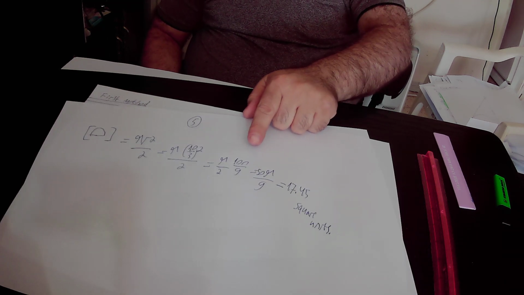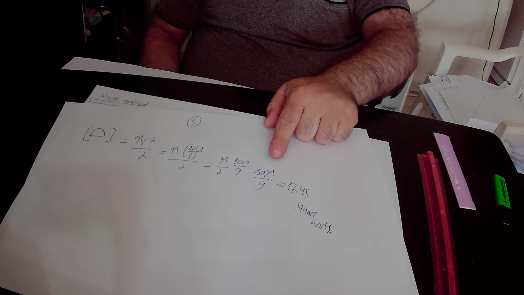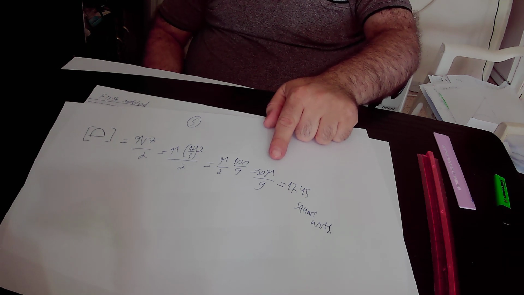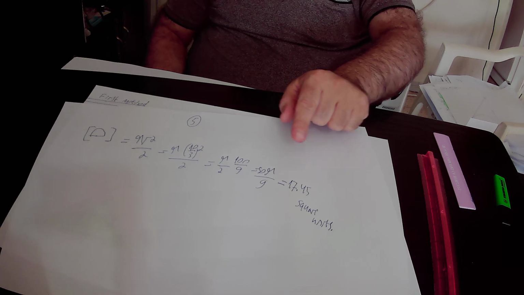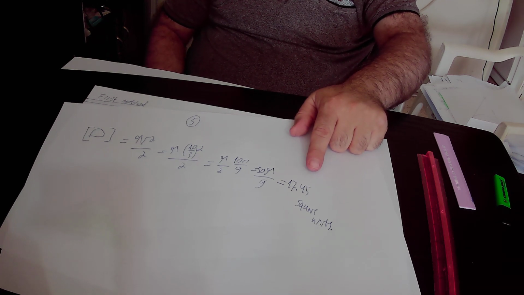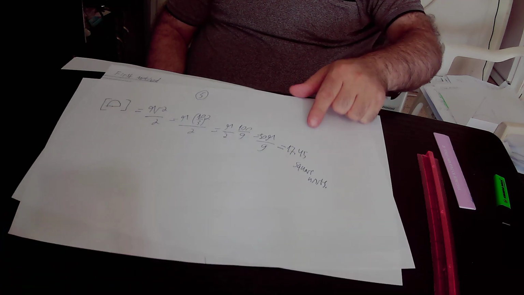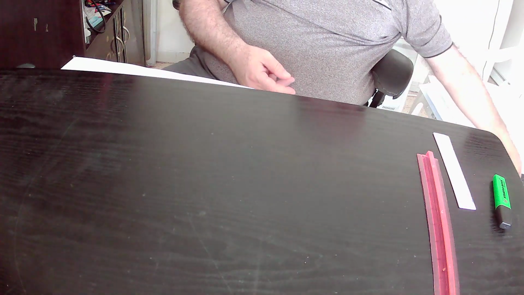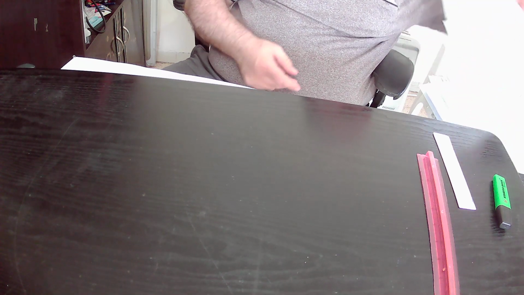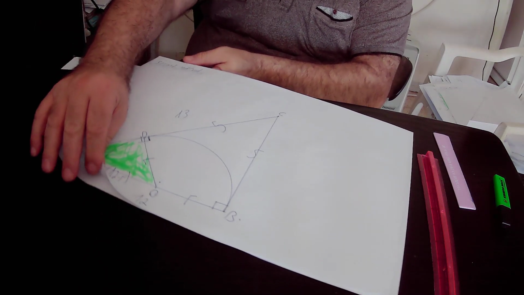Here 100 over 2 is 50, so the area of the semicircle equals 50 pi over 9 square units, or in decimal terms it equals 17.45 square units. So we finished with the first method, and in the next step I'll present to you how to find the area of the semicircle according to a second method.